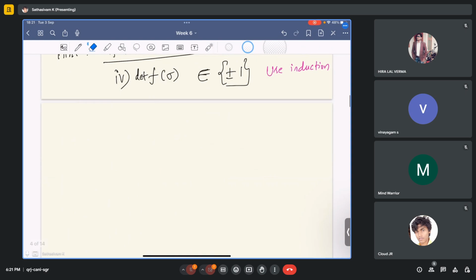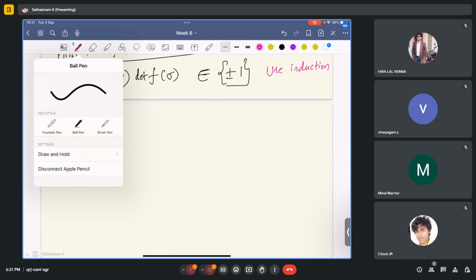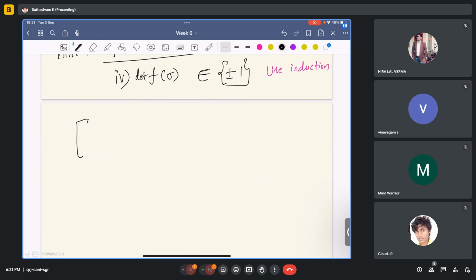The only possible permutation matrices are this one or the other one. Here, if you observe, the determinant is plus 1, and here the determinant is minus 1.